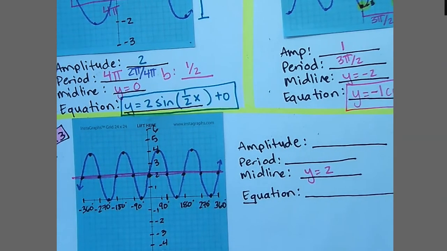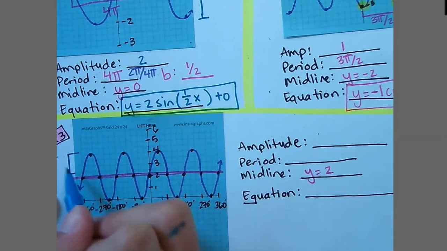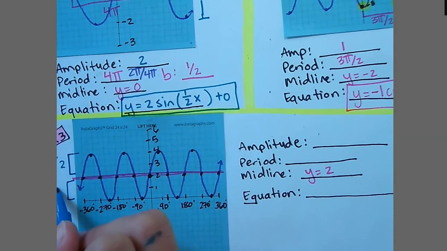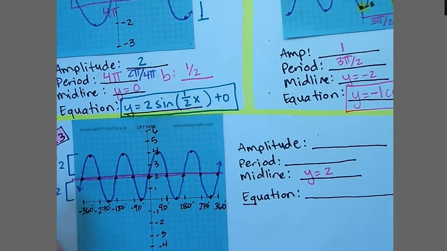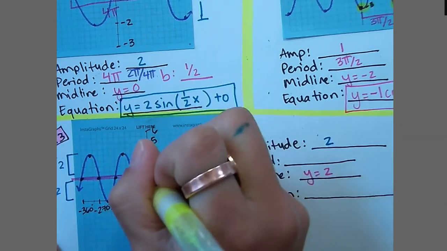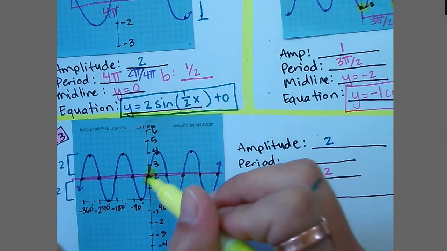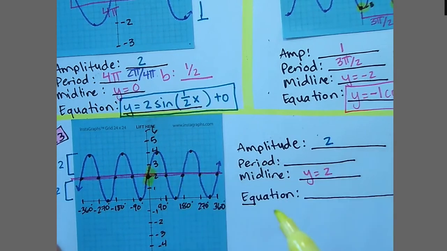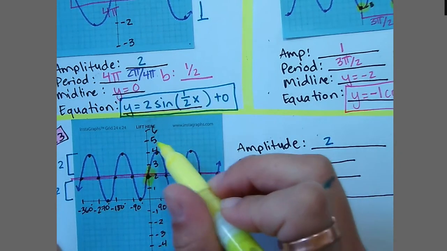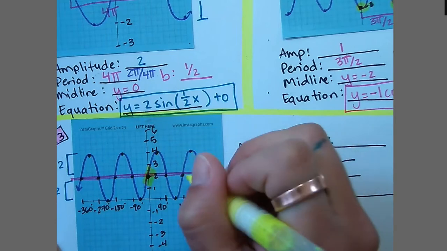Now we're going to look at our amplitude. All right, notice this is going up 2 and down 2. So our amplitude is 2. Now we're going to look at our period. So starting here, we're looking in the middle of our function, and we're going to see when it goes back to this upward slope here. So going down, gets back right here.